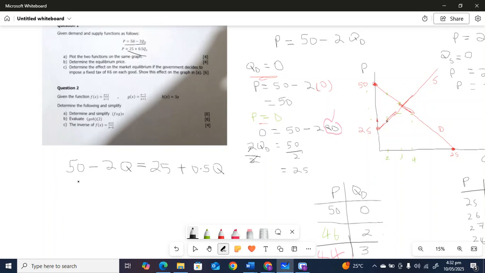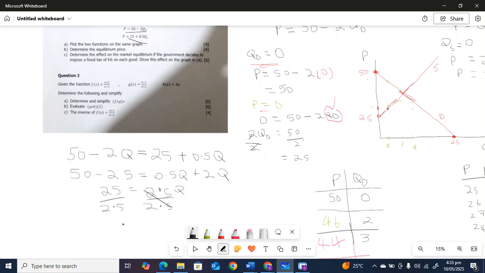Colleagues, what value did we get? Combine like terms here. 50 minus 25, that is 25. 0.5 plus 2, 2.5 Q. Divide both sides by 2.5. 25 divided by 2.5, we get 10.